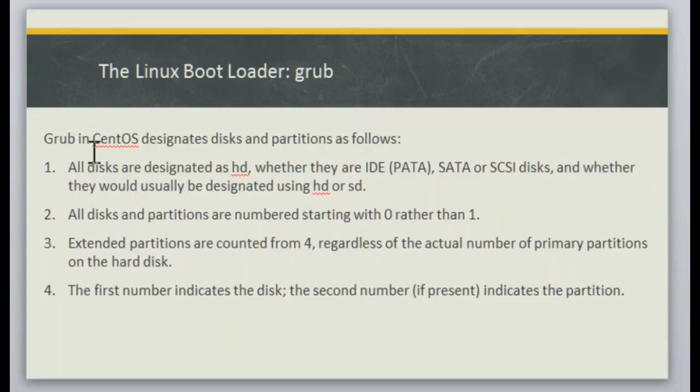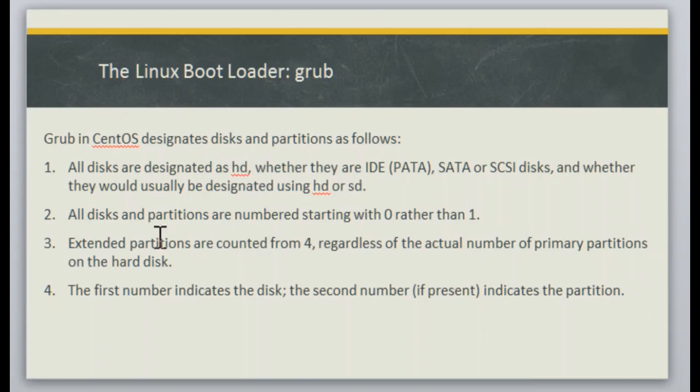So, Grub in CentOS designates disks and partitions as follows. First, all disks are designated as HD, whether they are an IDE, PATA, SATA, or a SCSI disk. SCSI. You'll hear people call that SCSI, guys. Okay? And whether they would usually be designated using HD or SD. Okay? So normally you're going to be designated as HD on the machine, all hard disks.